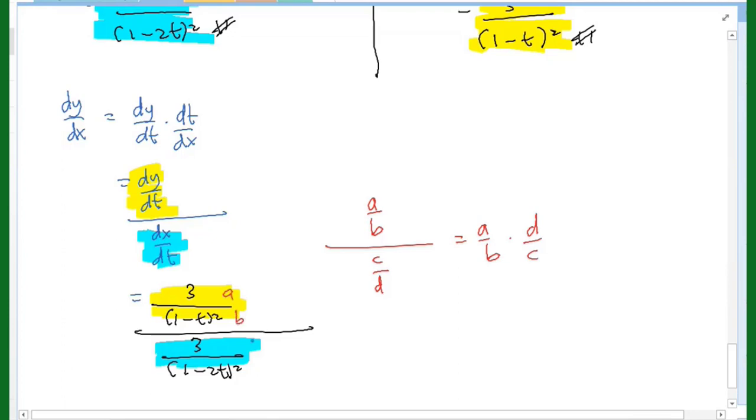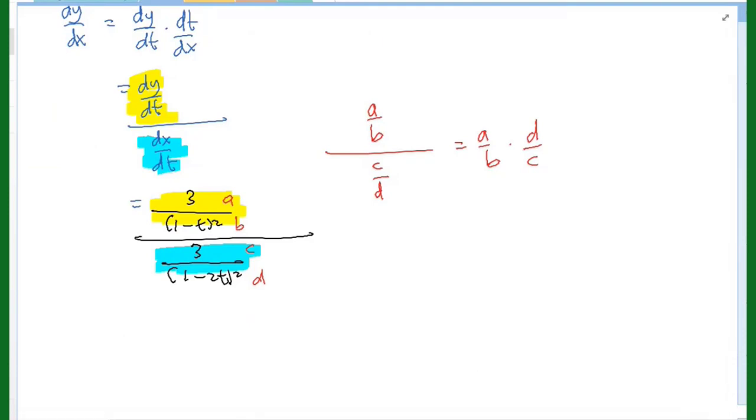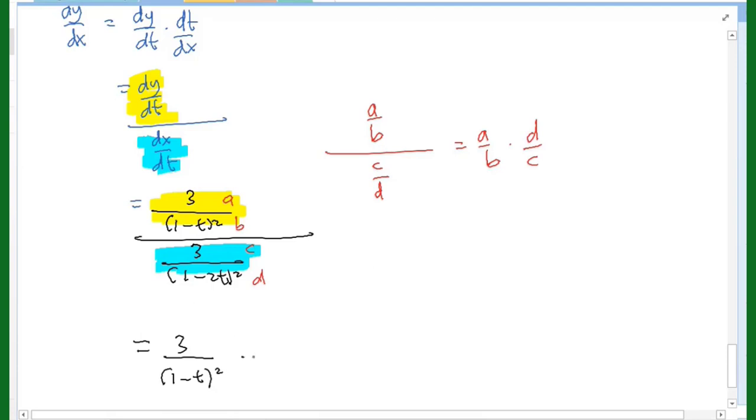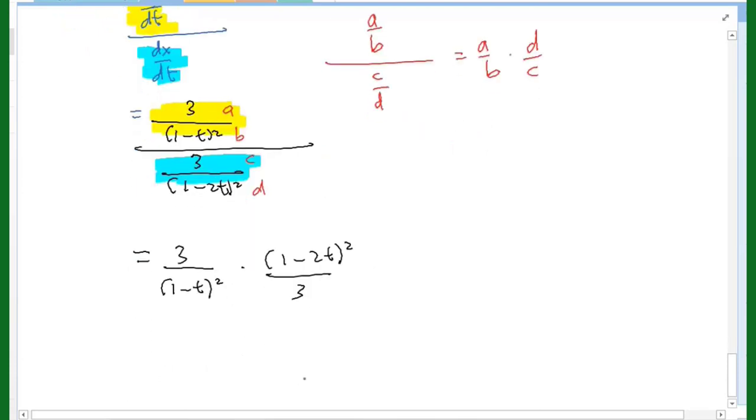Then simplify 3 over 1 minus t squared times 1 minus 2t squared over 3, and cancel. The answer is 1 minus 2t squared over 1 minus t.